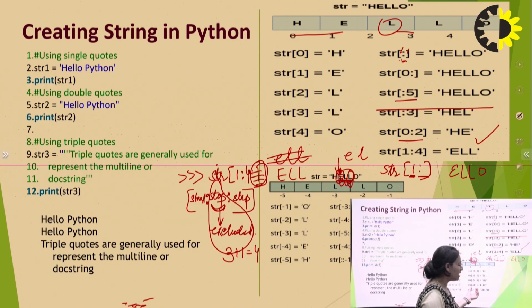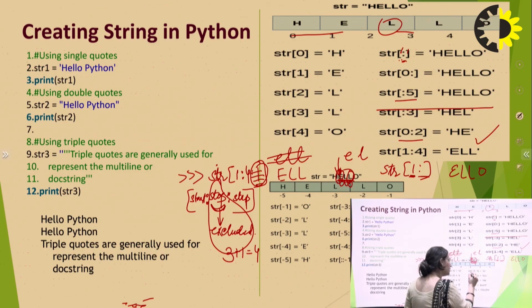Here also, when I am taking the negative indexes, the start parameter will always be lesser than the stop parameter. Here the string is accessed from -3 to -1. So here -3 is this, and -1 is this. That means from -3 till -1, where the stop parameter is excluded.